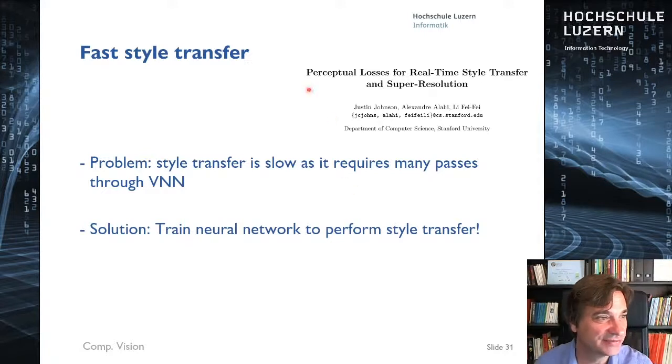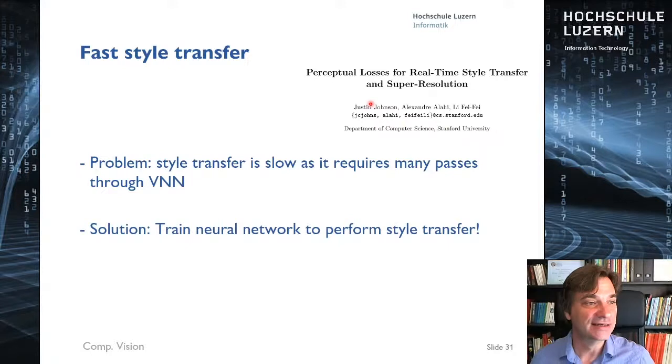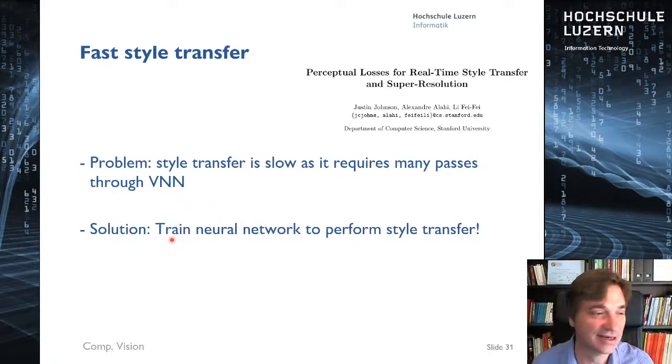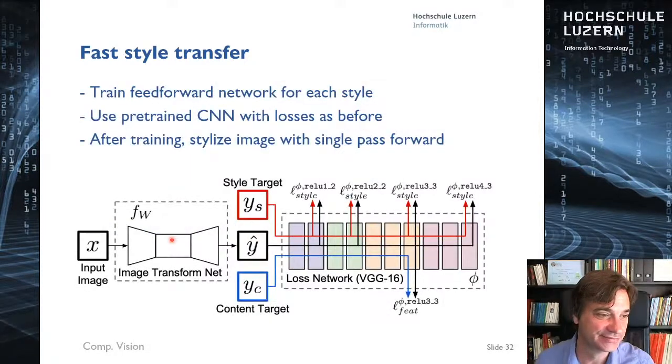So what one team from Stanford University made out of that is they developed fast style transfer. So you train a neural network to do the actual style transfer. Instead of the representation that we had before, you train a new network, and you have to train the new network for a specific style image.